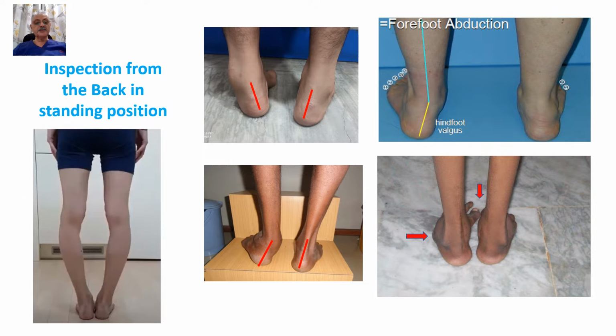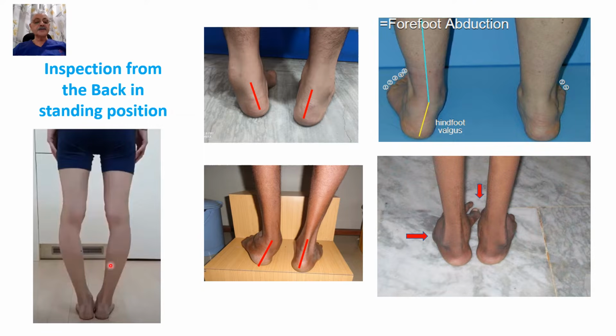Once I have finished with the gait analysis, then I move towards the inspection of the patient in standing position, and inspecting from the back gives you a fairly good assessment of the normal or abnormal alignment of the whole leg.